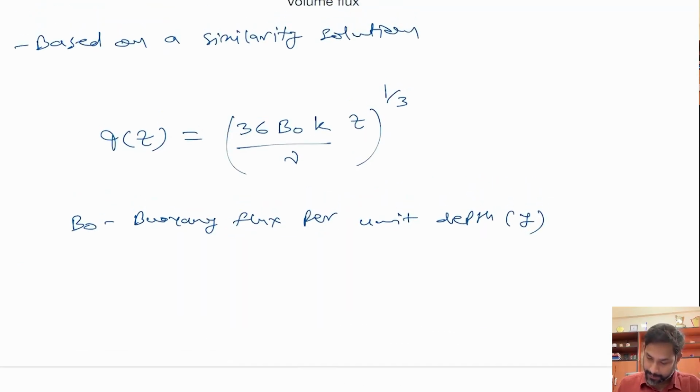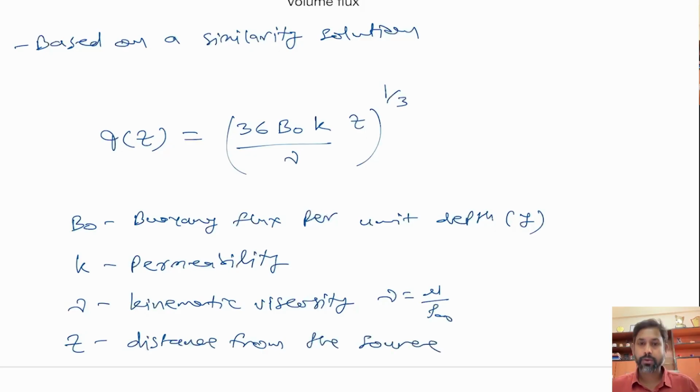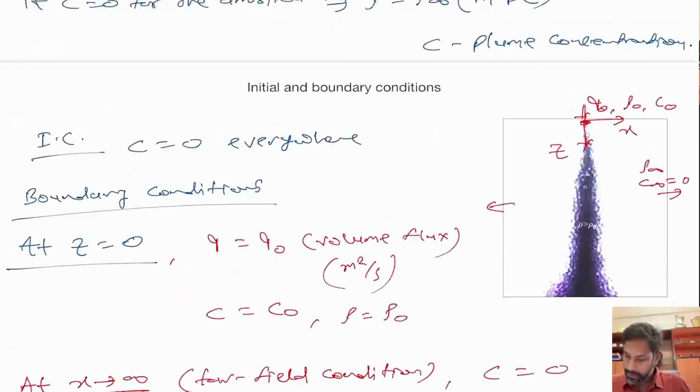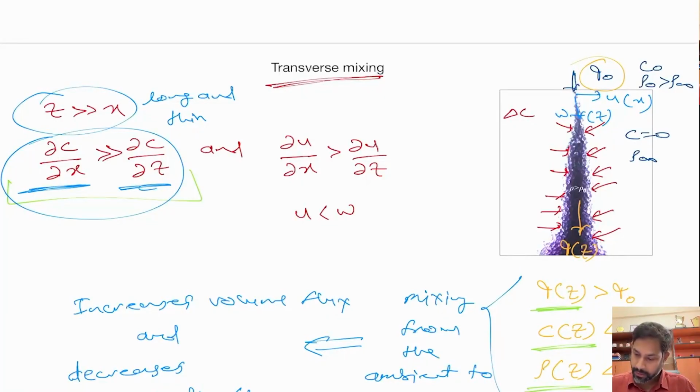Okay, and K is the permeability, nu is the kinematic viscosity, which can be defined as mu over rho infinity. Okay, and Z is obviously the distance from the source, and that you can consider from this figure.